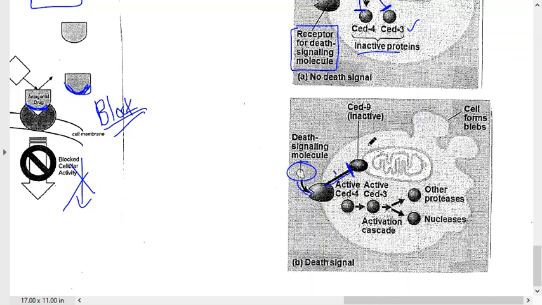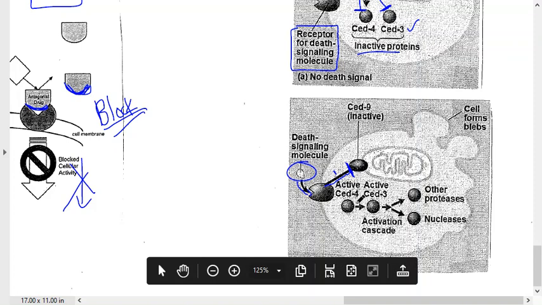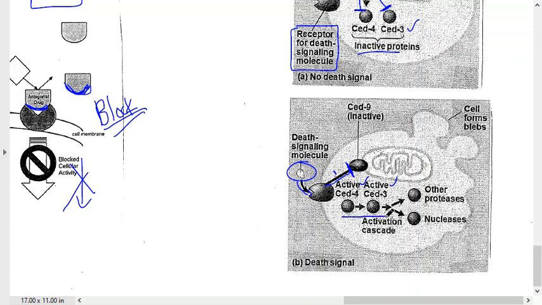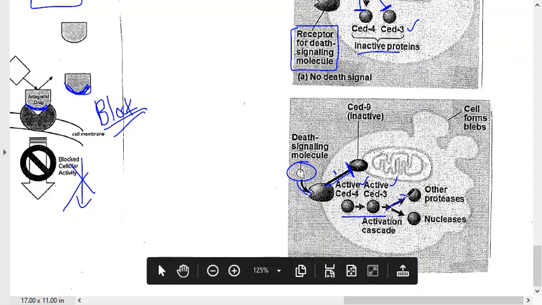So now SED9 becomes inactive. Well, if SED9 is inactive, it can't inhibit SED4 or SED3, so SED4 and SED3 become active. And when they become active, they activate proteases, which break down proteins, and nucleases, which break down DNA. And this is what causes cells to apoptose. This is why cells go through apoptosis.